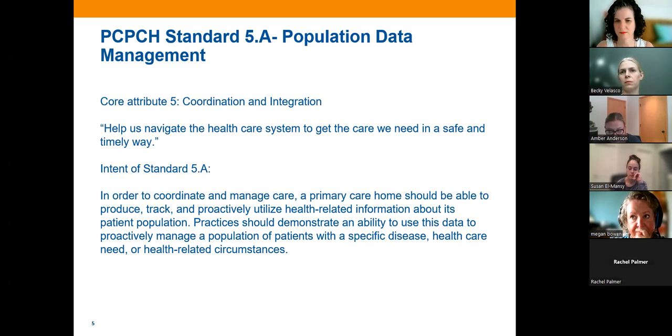The intent of Standard 5A is that in order to coordinate and manage care, a primary care home should be able to produce, track, and proactively utilize health-related information about its patient population. Practices should demonstrate an ability to use this data to proactively manage a population of patients with a specific disease, healthcare need, or health-related circumstance.